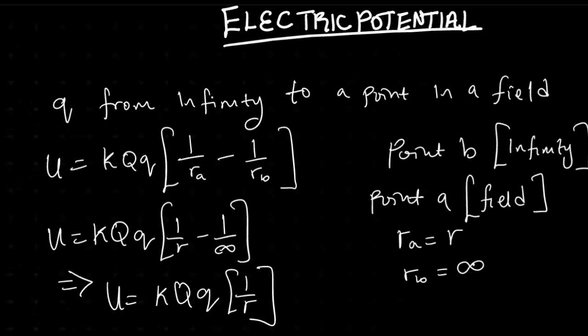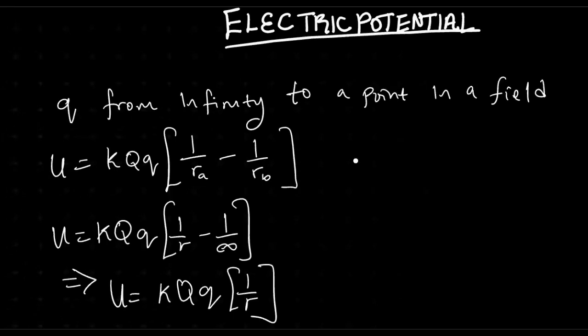Now, what is electrical potential? Electrical potential is defined, the symbol is V. Electrical potential is defined as this work done, this electrical potential energy from infinity, this U, per charge.